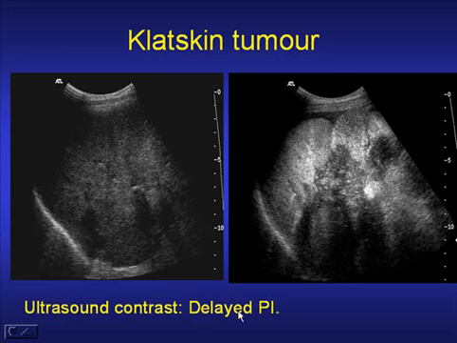This is using the delayed high power high mechanical index technique, and you can see here an abnormal texture in the central portion of the liver on the pre-contrast scan, but here looking in the delayed phase after contrast, we can very clearly demonstrate the full extent of this malignant process within the central part of the liver.